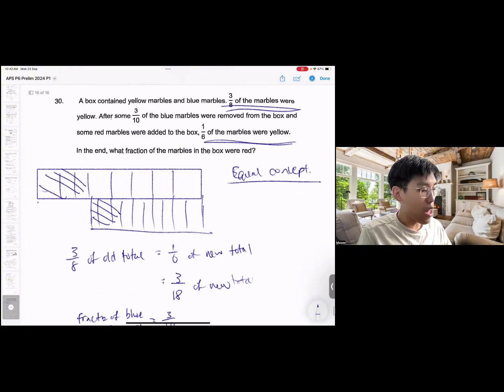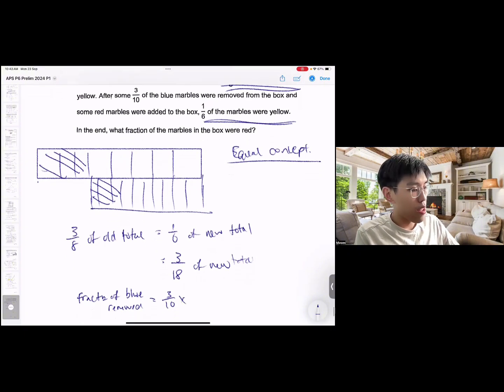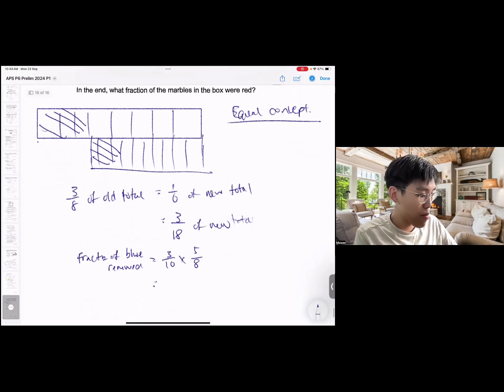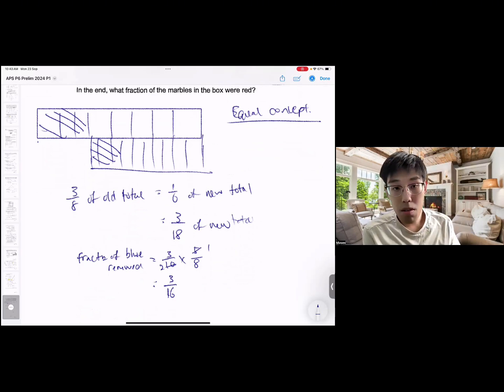Okay, how many? 3 out of 10 times 5 out of 8. Okay, so this one, if we can simplify them like that, so it's 3 out of 16. Okay, can follow? 3 out of 16 are being removed.